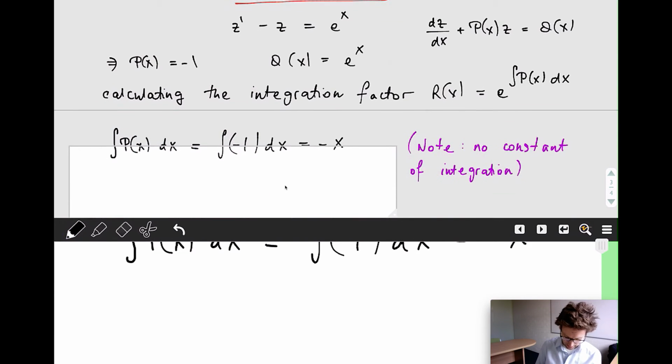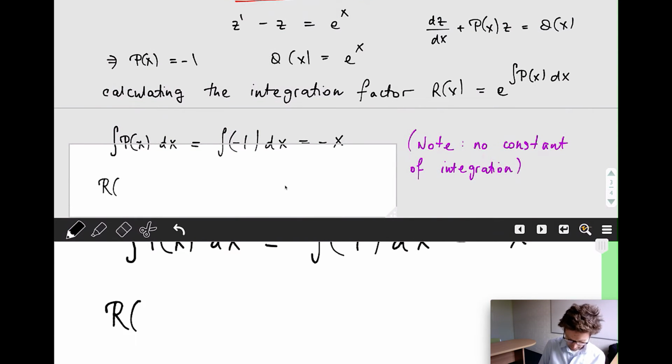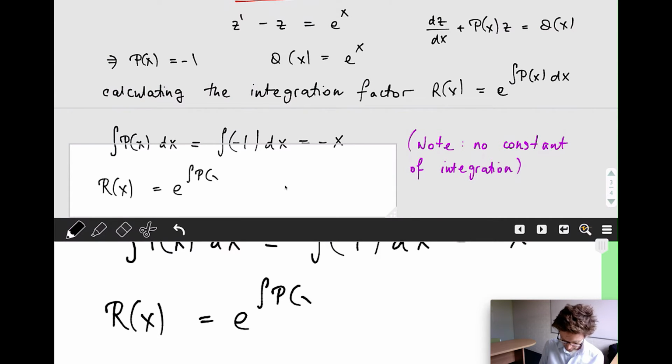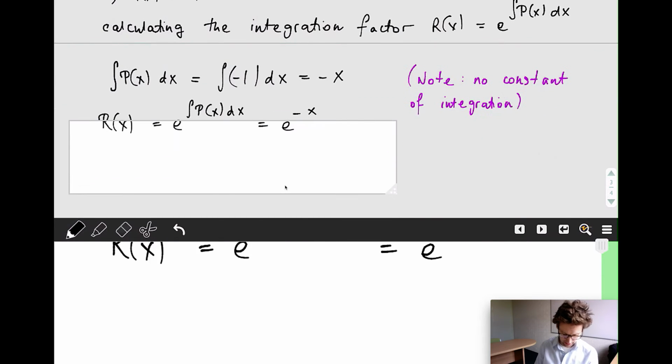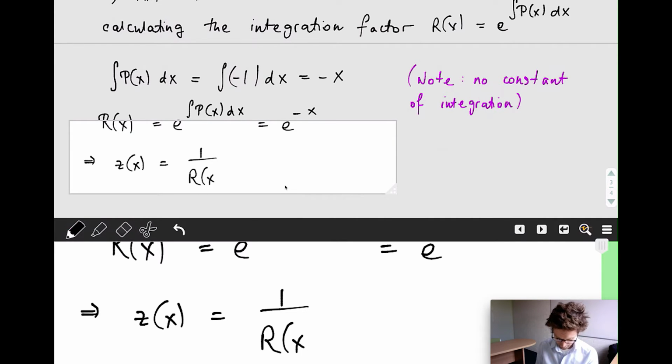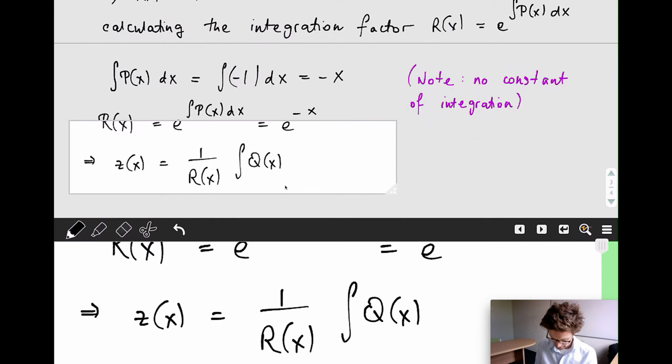Now let's calculate r of x. So r of x is the exponential of that, e to the integral of p of x dx. So it's equal to e to the minus x. And that's my integrating factor. I can now use that to calculate the solution. So the solution, we know from the formula, is z is equal to 1 over the integrating factor, integral of q times the integrating factor.